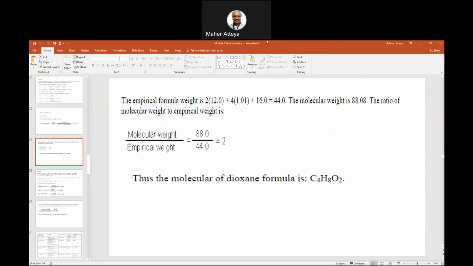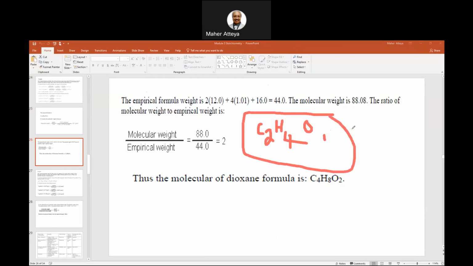And now the empirical formula came out to be the same thing I told you. So the empirical formula for dioxane came out to be C, carbon is 2, hydrogen is 4, and oxygen is 1. Correct? So you do the molar mass of this empirical formula: 2 for carbon, 4 for hydrogen, plus 1 for oxygen.